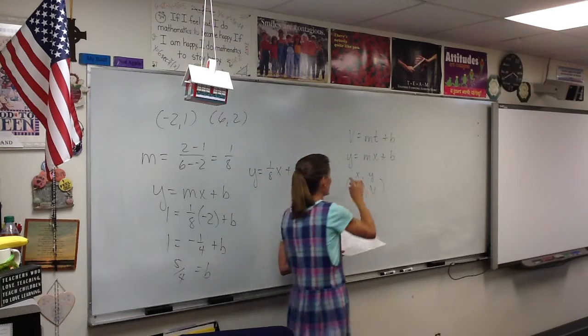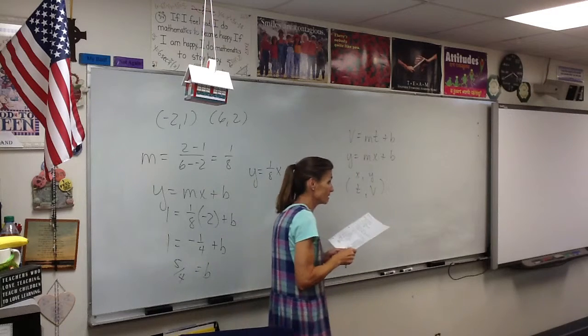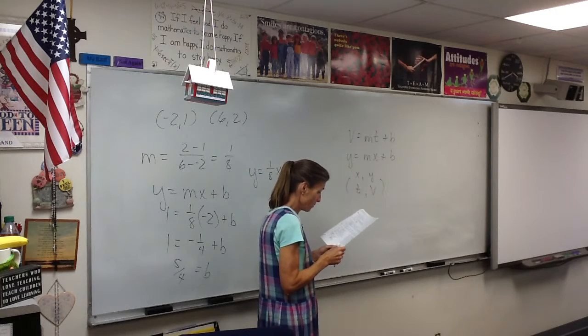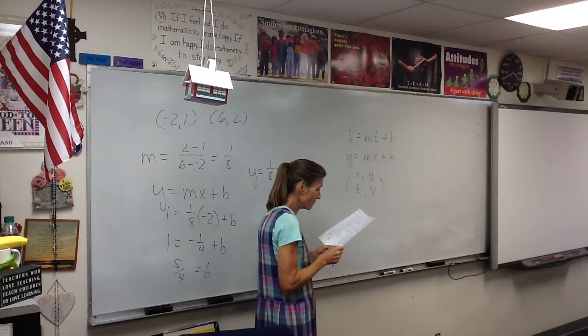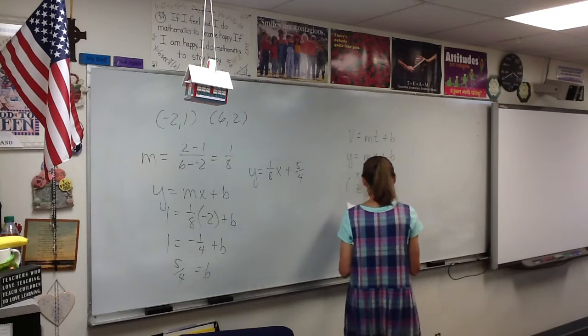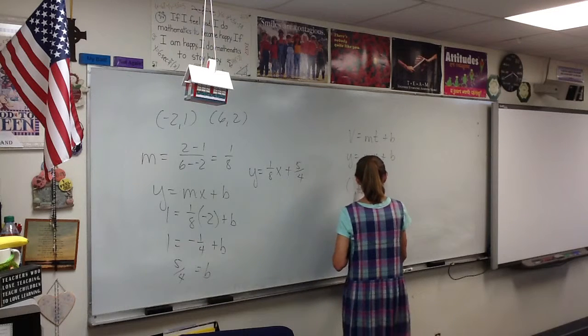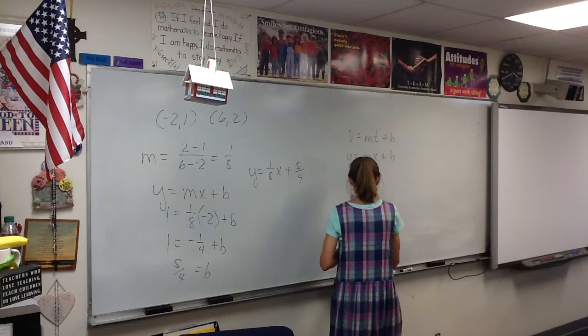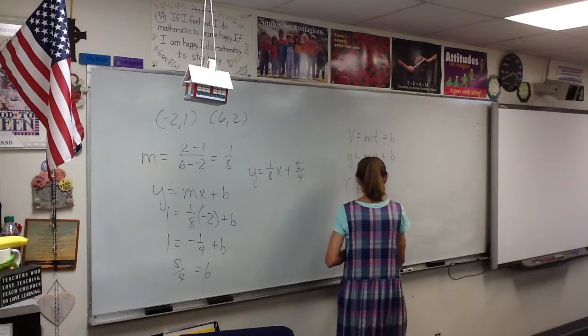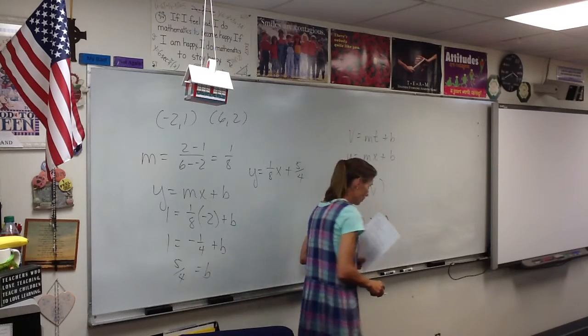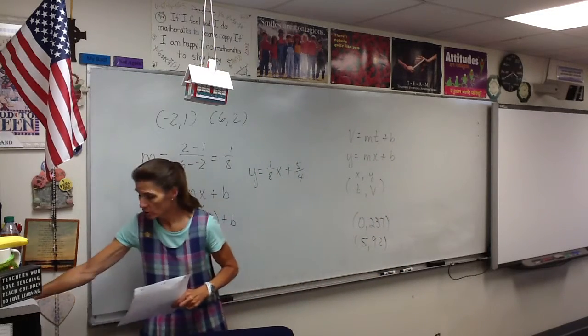So in order to write the equation of the line, I need some points. Do you have any points in the problem? What are the points in the problem? 0, 237, okay, and then 5 and 92. So you wrote the equation there, you found the slope.